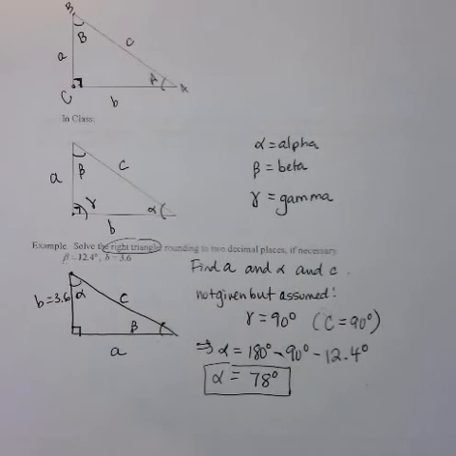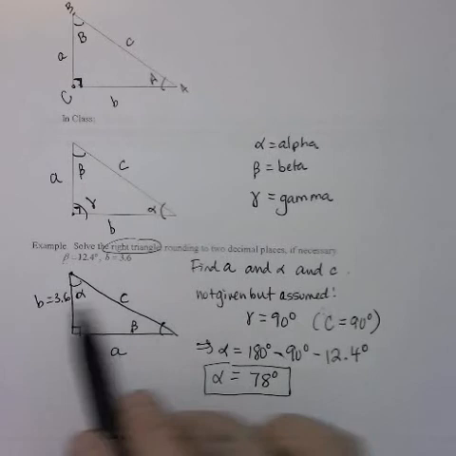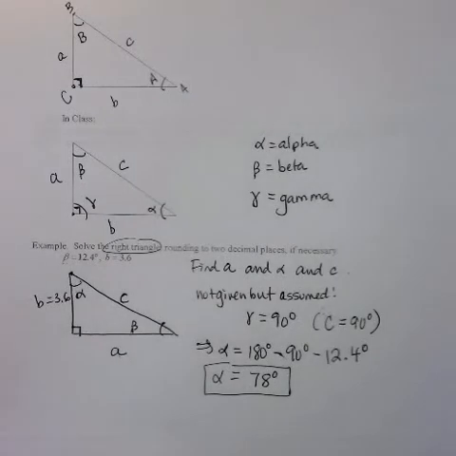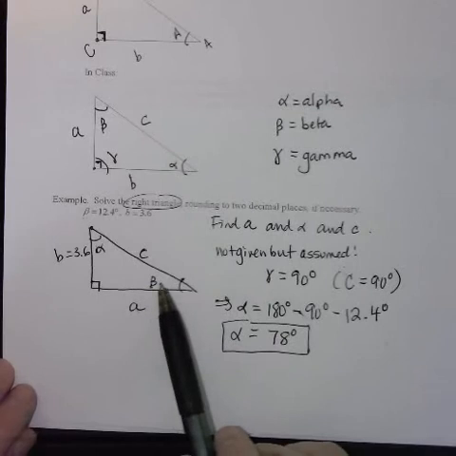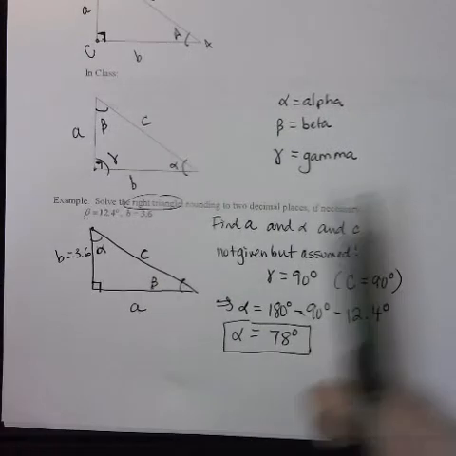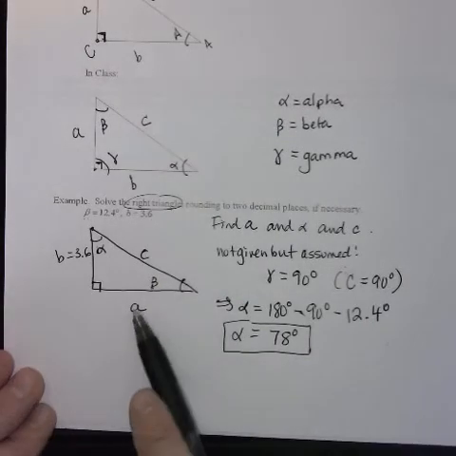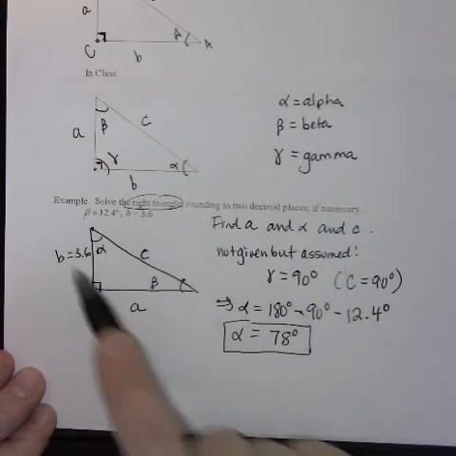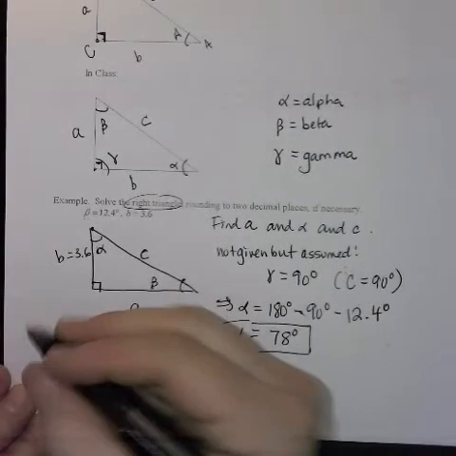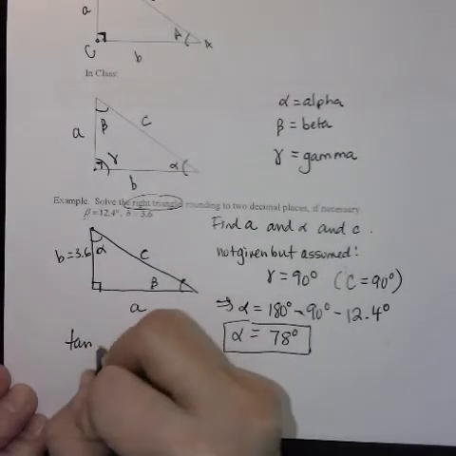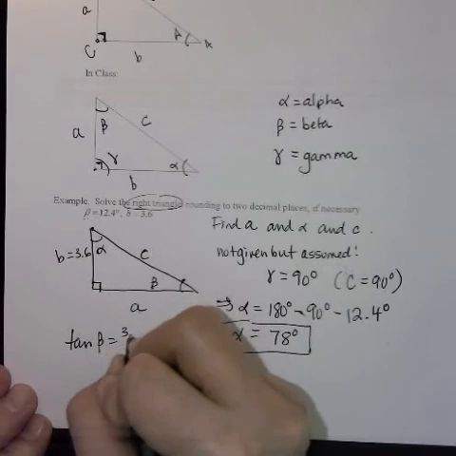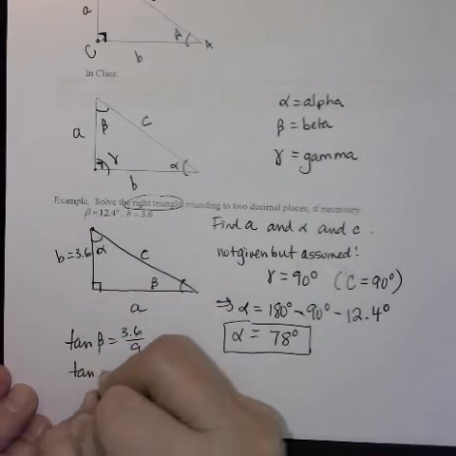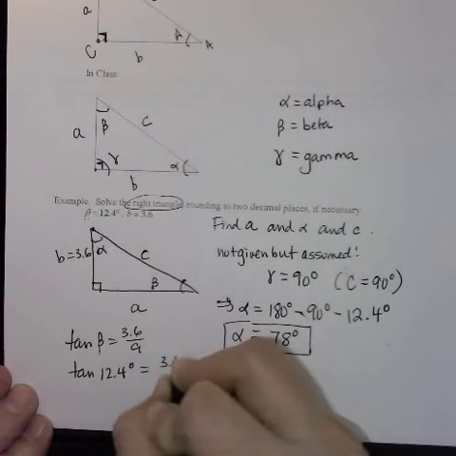Now, we don't need any trigonometry for that, of course, but we do need trigonometry to find a or c. You can decide which one you want. Beta was given as 12.4, and it doesn't really matter which one you find first here. You can do sine of beta is 3.6 over c, or tangent of beta is 3.6 over a. So let's do that. Tangent of beta is 3.6 over a, or in other words, tangent of 12.4 degrees is 3.6 over a.